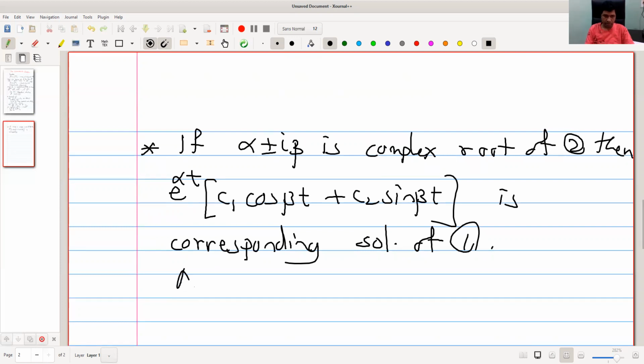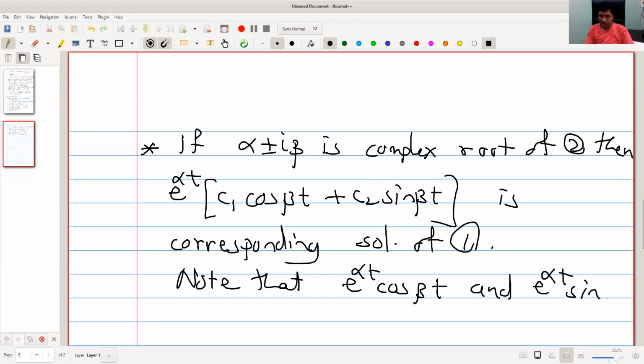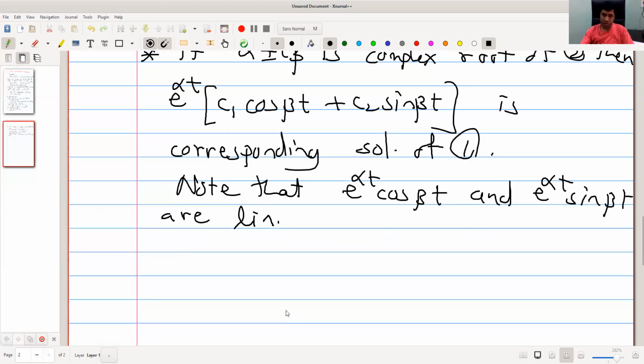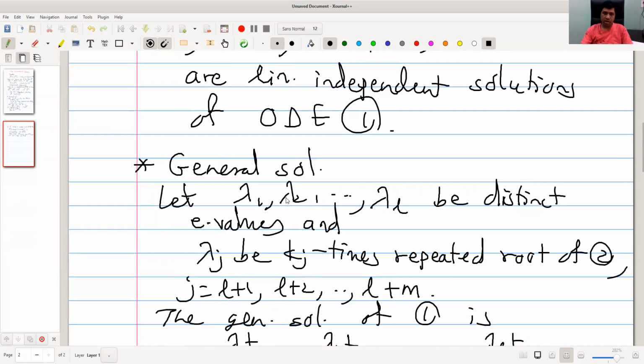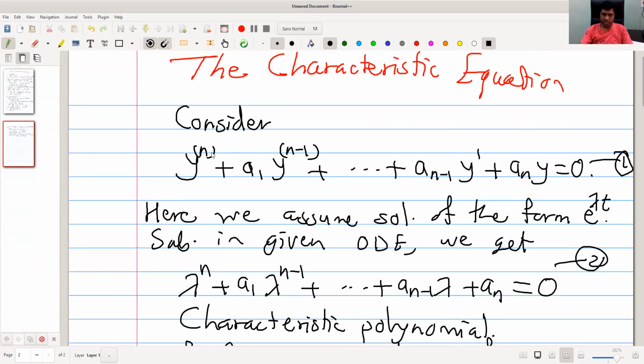Note that e raised to alpha t cos beta t and e raised to alpha t sin beta t are linearly independent solutions of 1. So this is all about the general solution of this linear differential equation with constant coefficients.